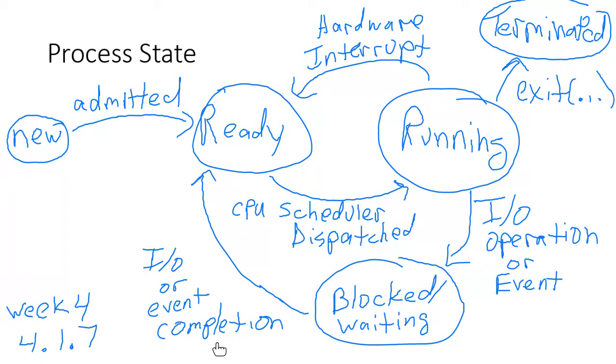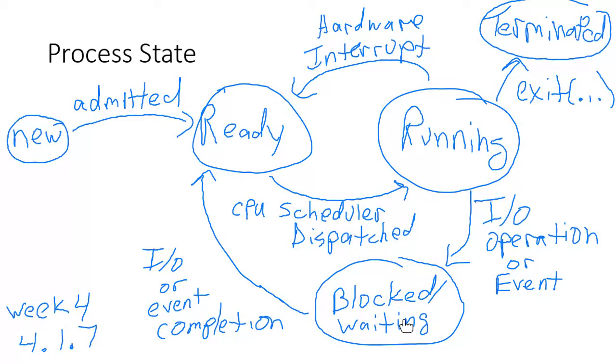How would the computer system, and of course the operating system, be alerted to the fact that... no, that's the process requesting an I/O operation. I'm talking about when the I/O operation completes.